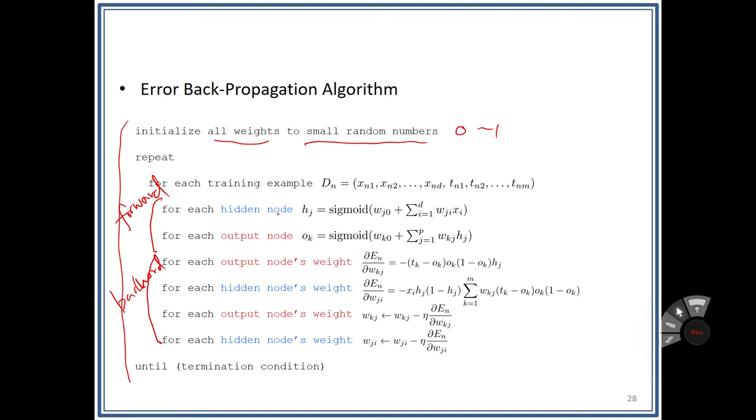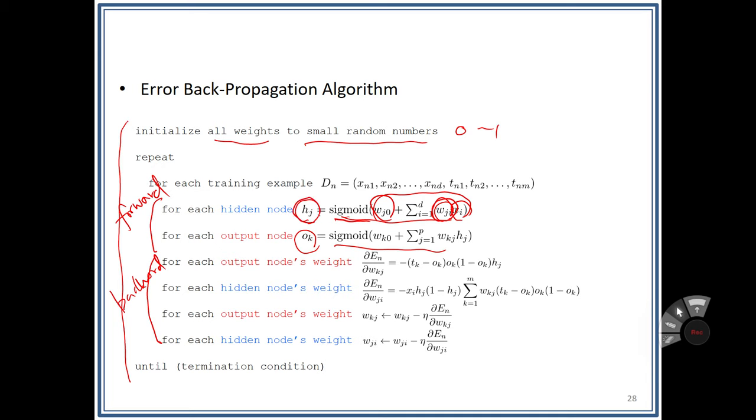So for each training example, for the nth data point, we find the values of hj and ok by these formulas. Because we have these numbers, which are the randomly chosen initial values, we just multiply the x value by those values, make the summation, and pass it through the sigmoid function.